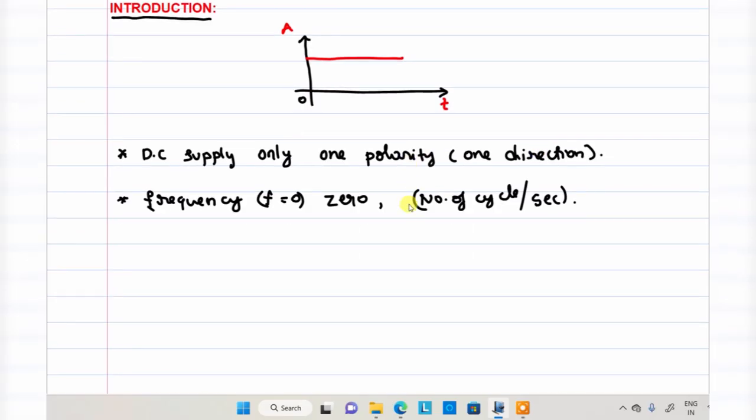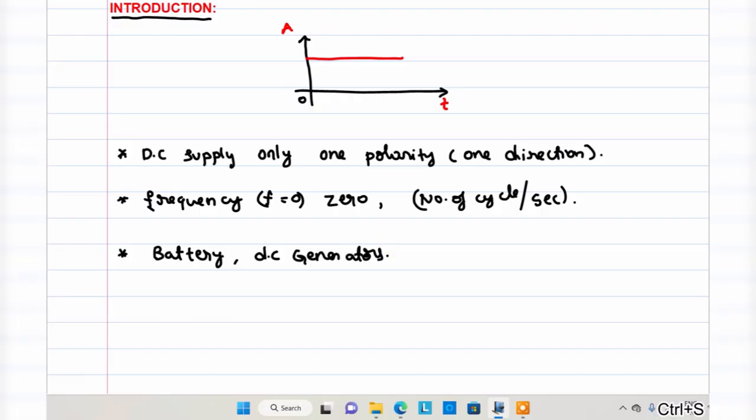Examples of DC energy sources are batteries, what we discussed in the 6th chapter. Batteries generate DC supply, as well as DC generators. These are the energy sources for DC supply.